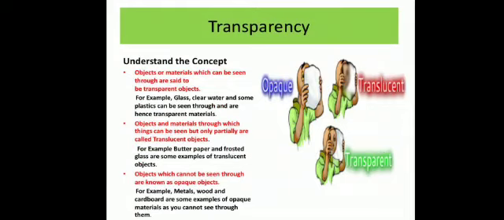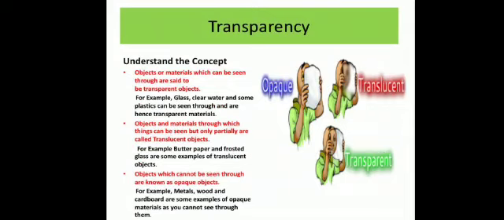Now next is transparency. Transparency means classification of materials on the basis of transparency, translucency and opaqueness. So what are these terms? The property of a material due to which we can see through it clearly is called transparency.